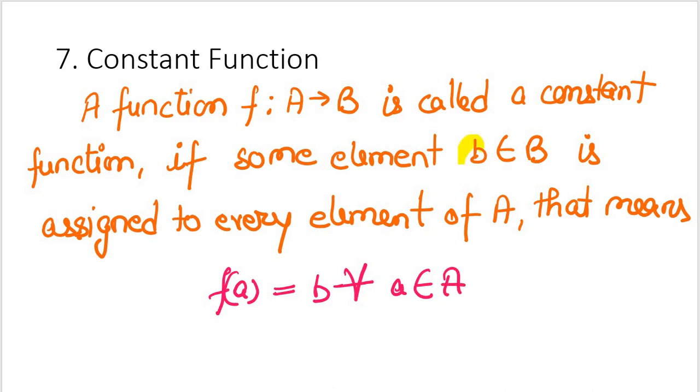So what it says is that there will be some element in B, in the form of small b, assigned to every element of A, right? So all the elements which are there in A will be moving towards a single element which is b, right? So once again a simple one, and I am not going to draw a diagram for it. Now let's take some examples so that things will be much clearer.